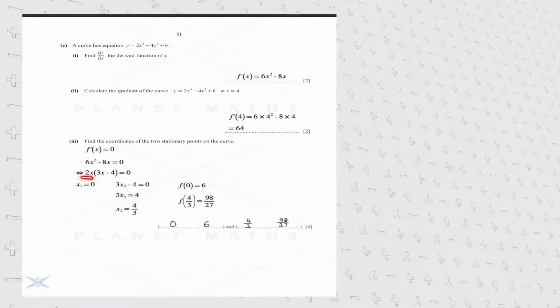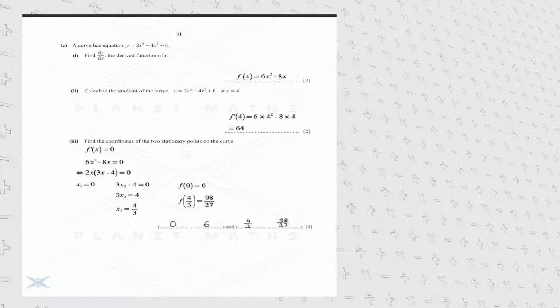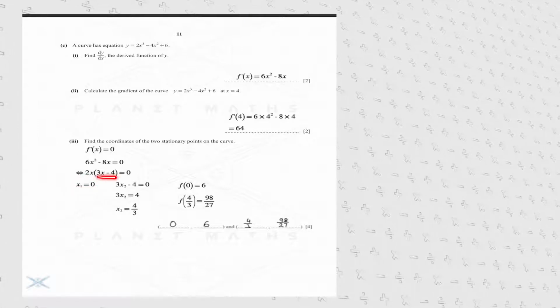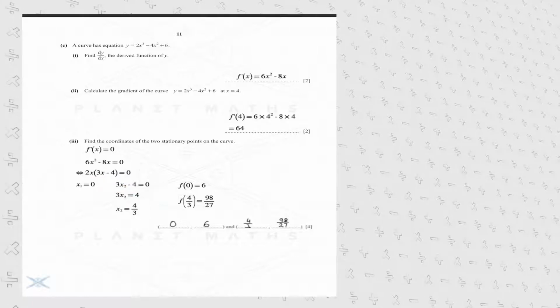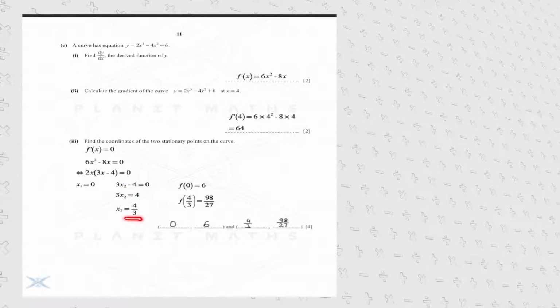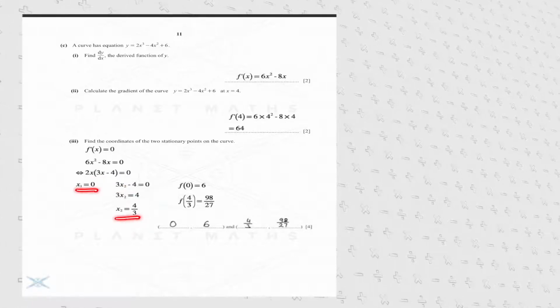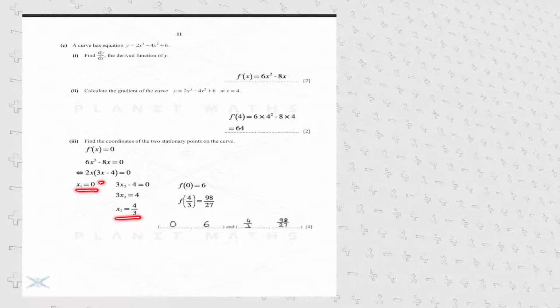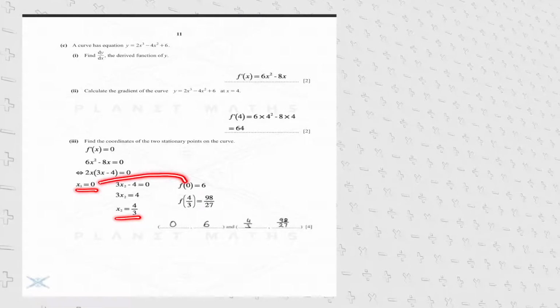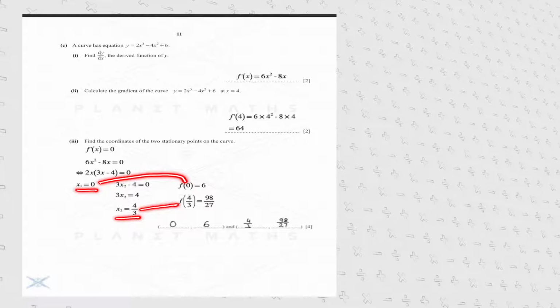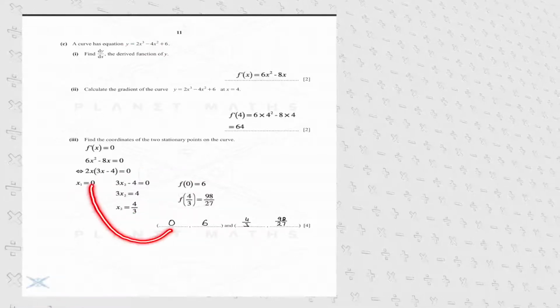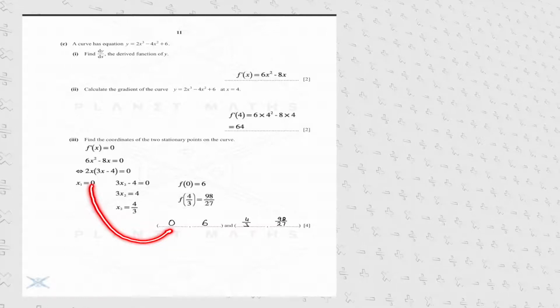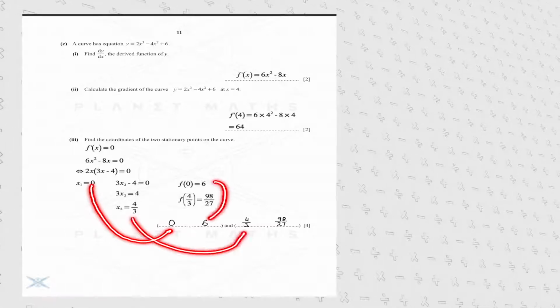So in the first case, 2x equals 0 if x equals 0. And for the second instance, we can rearrange our equation for x, providing us with the result that x can also be 4/3. To find the corresponding y coordinates, we simply plug 0 into the equation of the curve and do the same thing for x equals 4/3. And from there we can simply plug in corresponding values for x and y of those coordinates respectively.